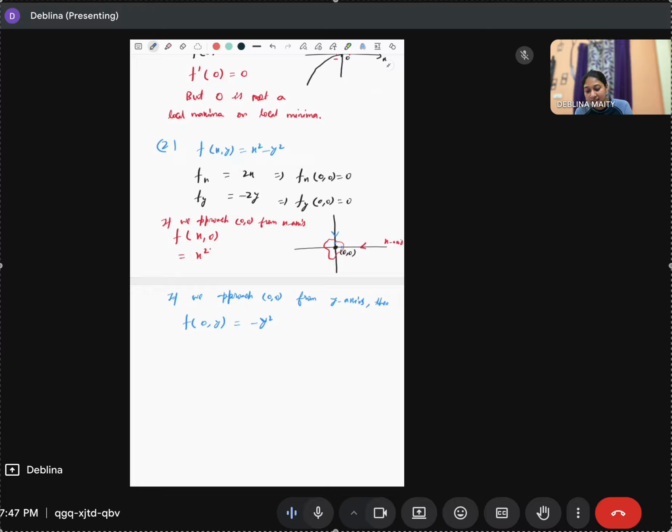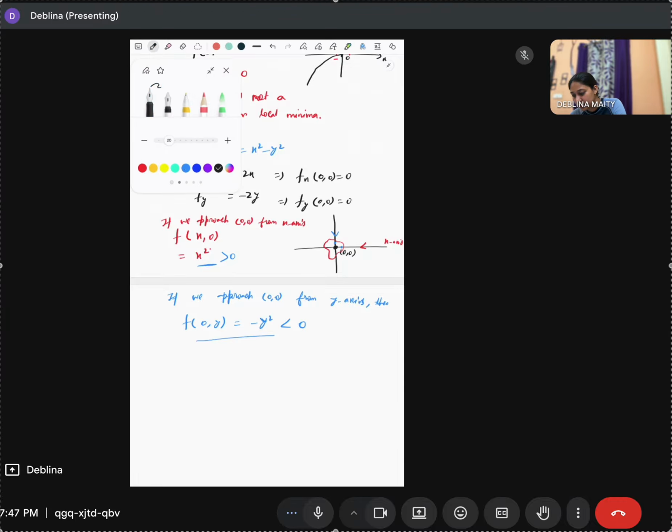At the points of the x-axis, it gives positive values, x square, which is greater than 0, and at the points in the y-axis it gives negative values. It is not 0, so it is strictly less than 0. So in each neighborhood of (0,0) there are points which are positive and points which are negative. So (0,0) can never be a local maxima or local minima.